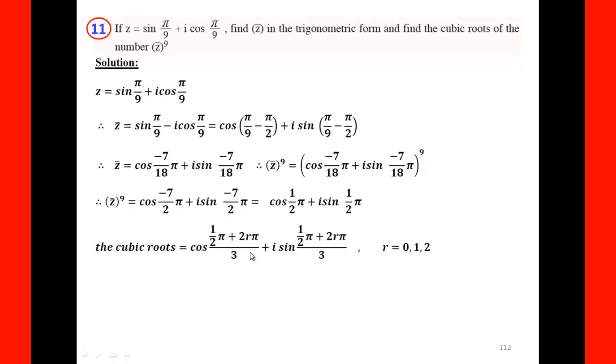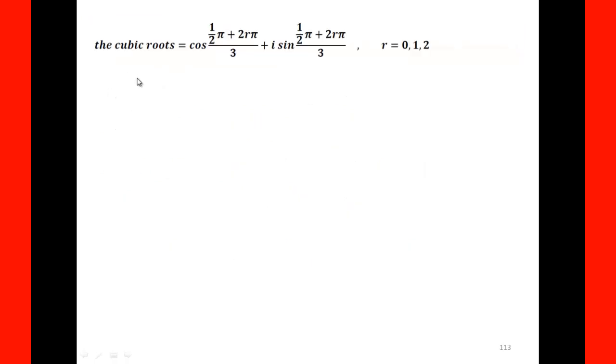K equals 3, the number of roots. And r will take the values 0, 1 and 2. The cubic roots, once more, equal cosine half pi plus 2r pi over 3 plus I sine half pi plus 2r pi over 3, and r equals 0, 1 and 2.